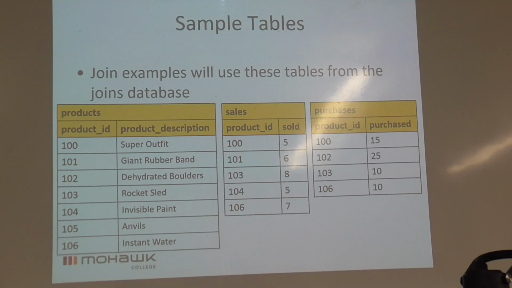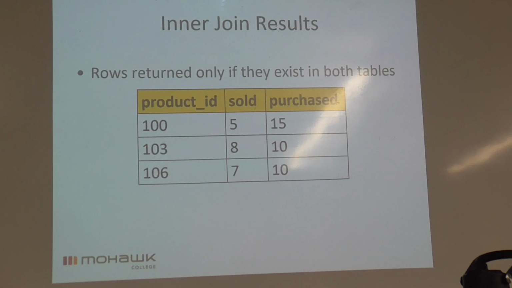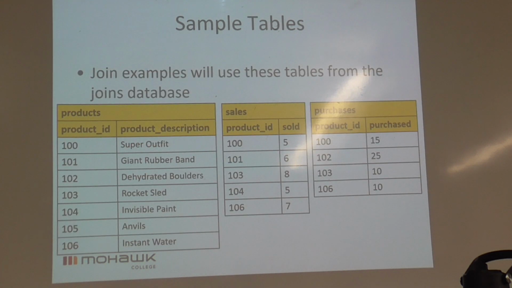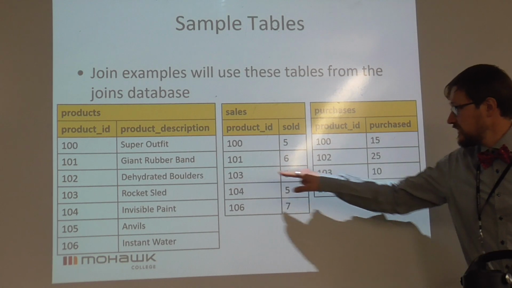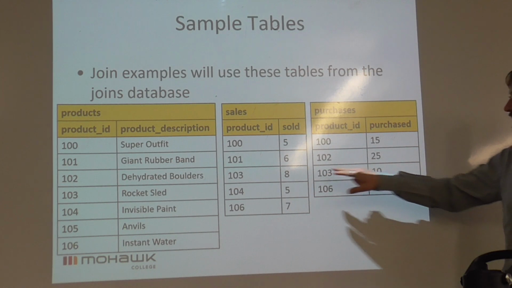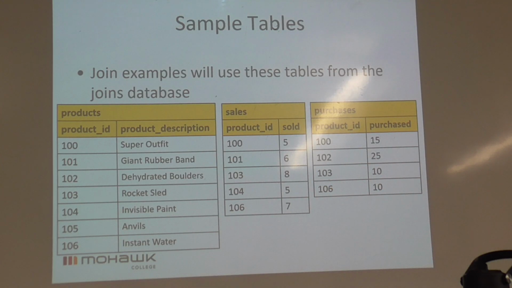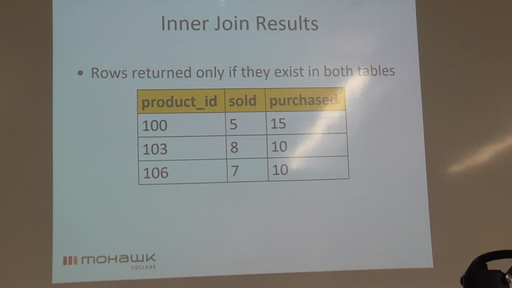We have only accepted as output records where the product ID matches in both cases, right? 100, 100, 5, 15. 100, 5, 15. 103, 103, 8, 10. 103, 8, 10.